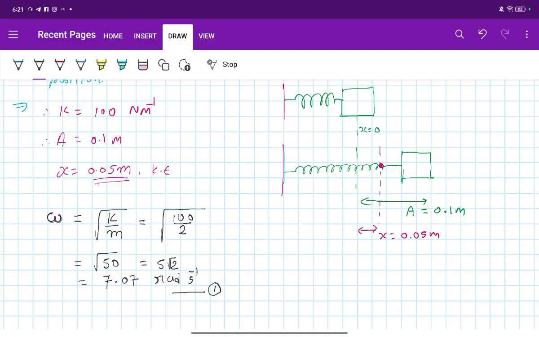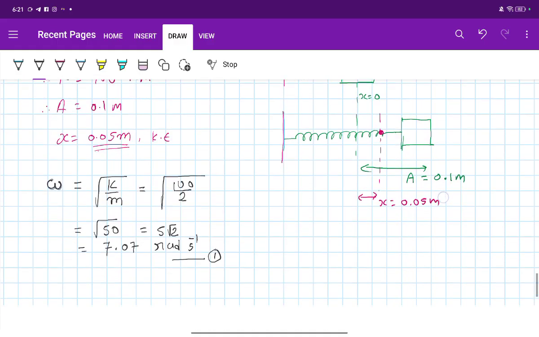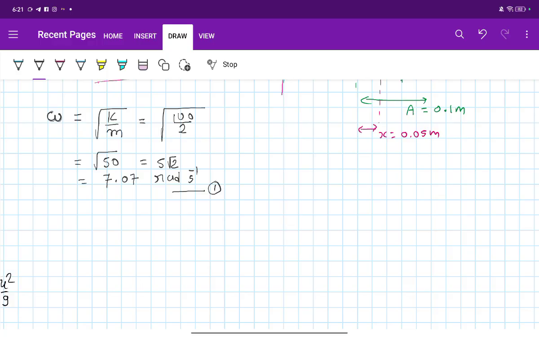Now, if we want to write its displacement equation at any time, let's say it is a cos omega t. Why have we taken a cos omega t, not sin omega t?